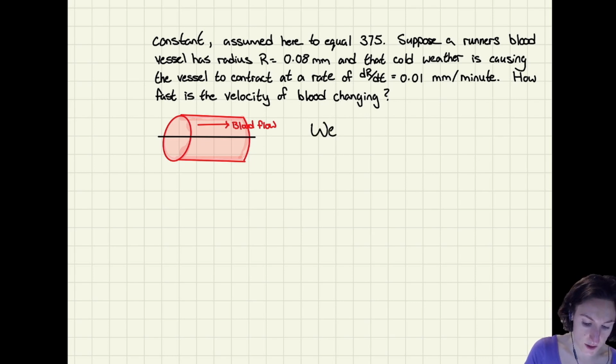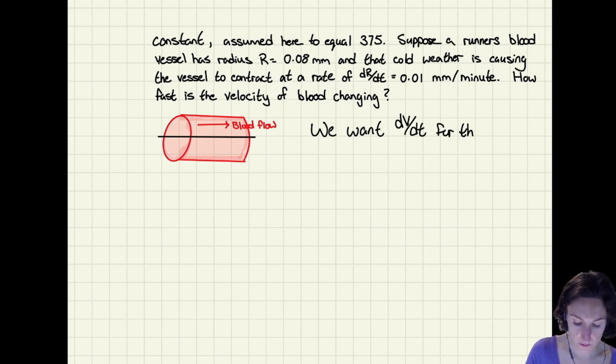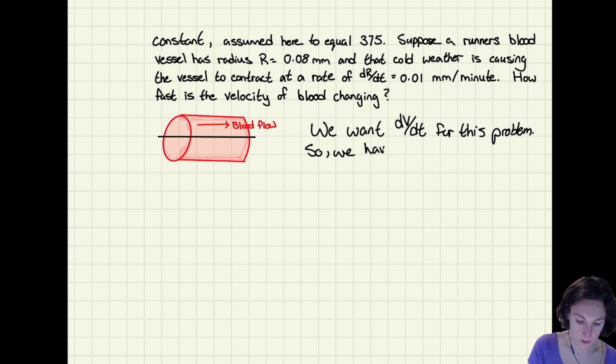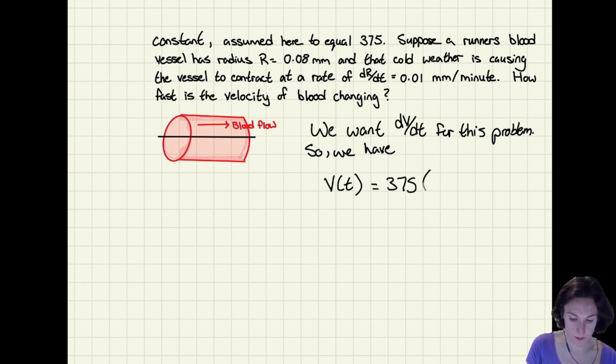So we want dV/dt for this problem. Okay, and in our situation, we're told that the constant would be 375. And remember the velocity of the blood is changing with time, so really this is a function of time, equal to 375, a constant, times the capital R squared.